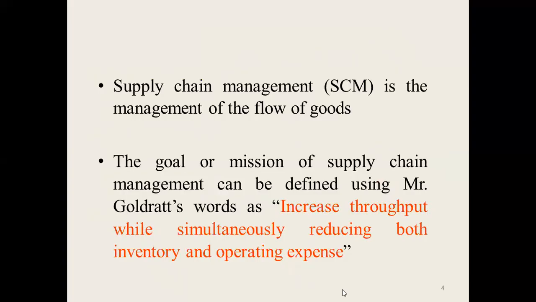So we can say SCM is the management of the flow of goods. The goal or mission of supply chain management can be defined using Mr. Goldratt's words: increasing throughput while simultaneously reducing both the inventory and the operating expense.